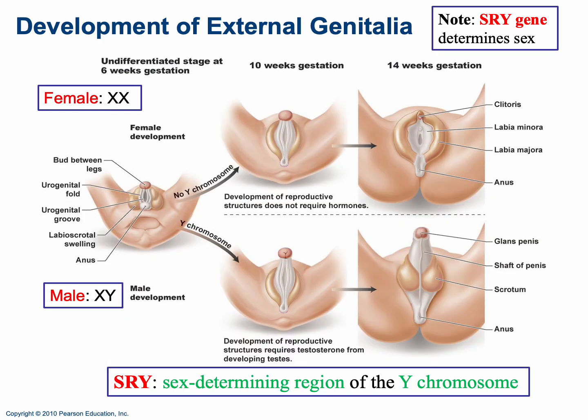So, when it comes to the matter of determining what the sex will be of the individual, it ultimately comes down to, well, genes, chromosomes, things like that. So we look here at this image, which is looking at the development of the external genitalia of the male and the female.